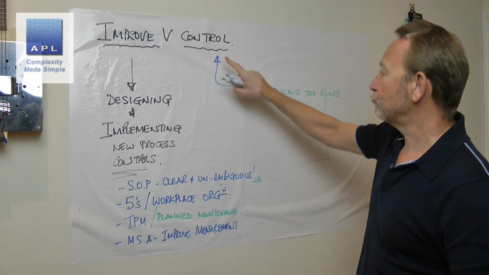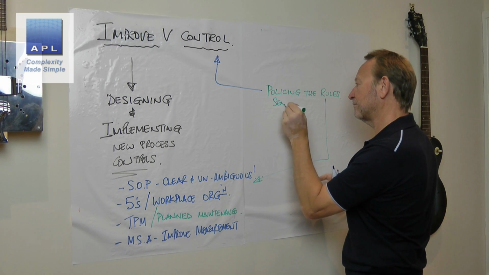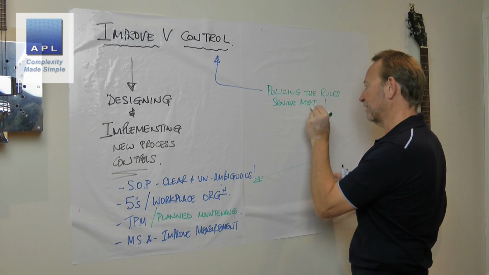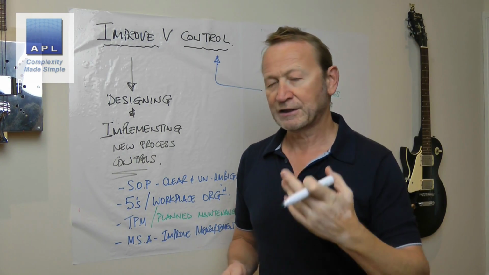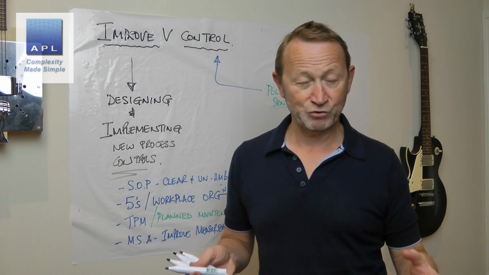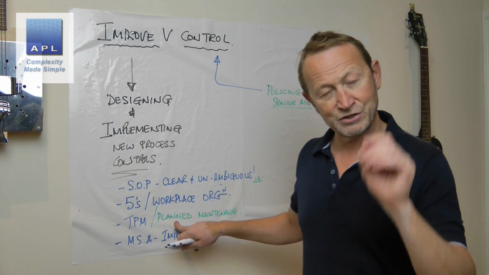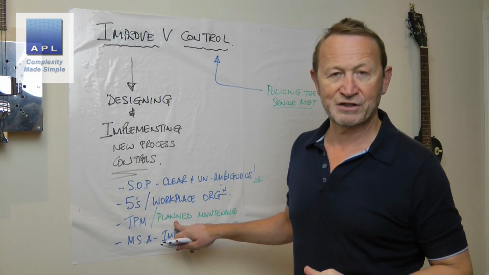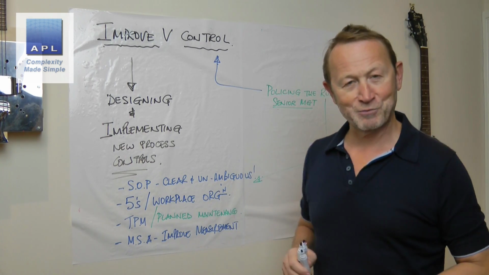So real control, now this really is set by senior management. Senior management drive control, really. If you don't have senior management that have got the right attitude to your business, you are in deep trouble here. So for example, if planned maintenance has not been completed correctly and there is a red flag sitting against a machine on a Monday morning, what will your senior management do?